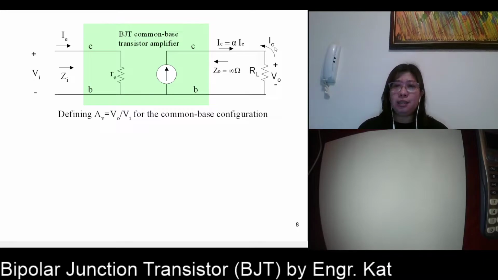But as you can see, the current IO is of opposite polarity compared with our VO here. Because when the direction of IO is going to the left, VO must be positive and negative. However, our VO here is plus and minus.